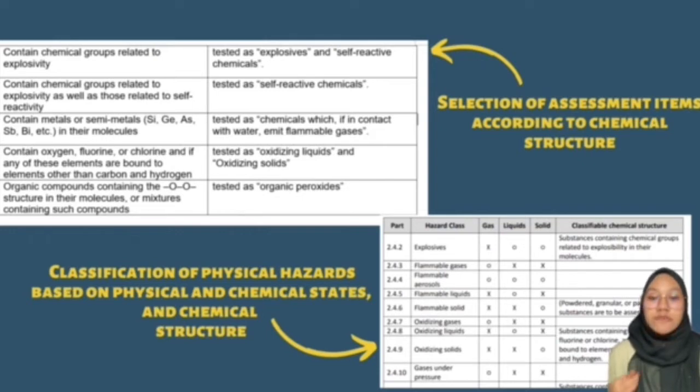And next, if the chemical contains oxygen, fluorine or chlorine, and if any of these elements are bound to an element other than carbon and hydrogen, we test it as oxidizing liquid and oxidizing solid, and so on. So, this is how we classify physical hazard based on physical and chemical state and also chemical structure.